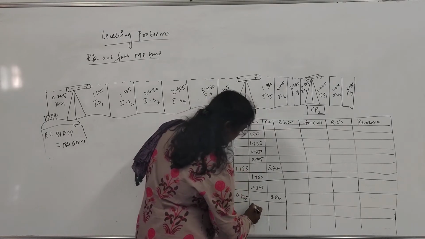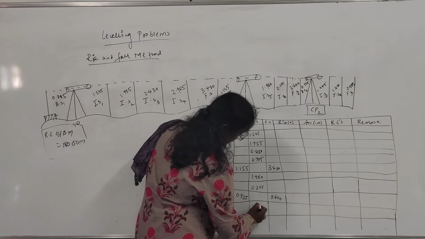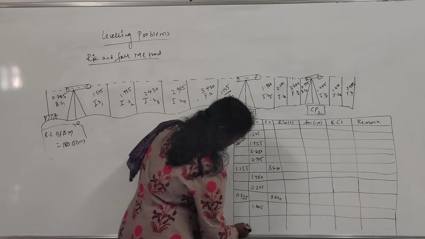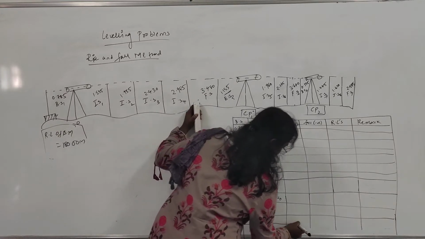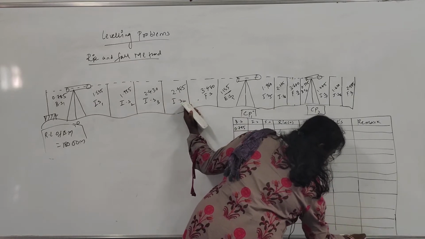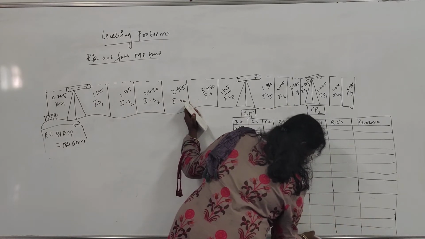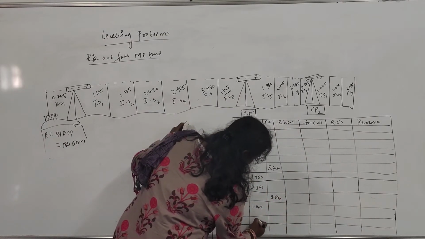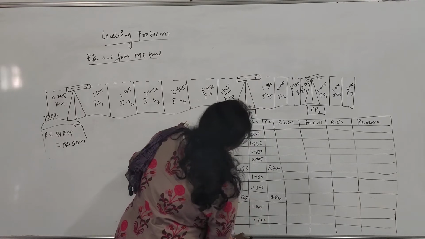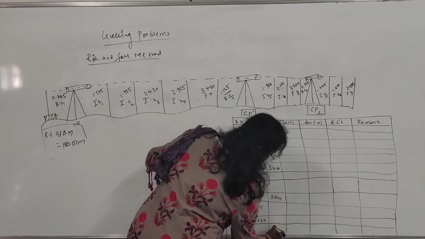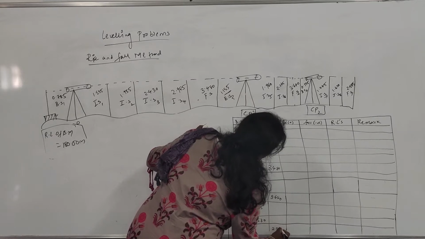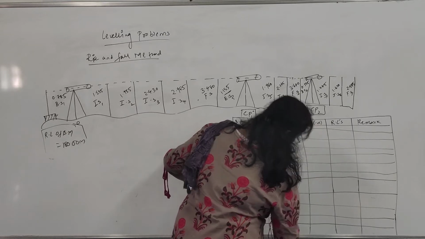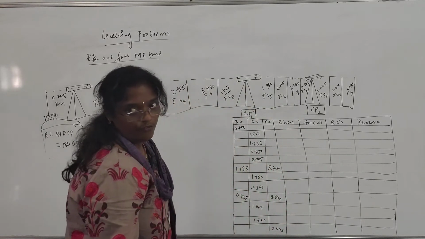Next intermediate value 1.045, right? 1.045, 1.630, and the last value is 2.545, which is our last foresight value.